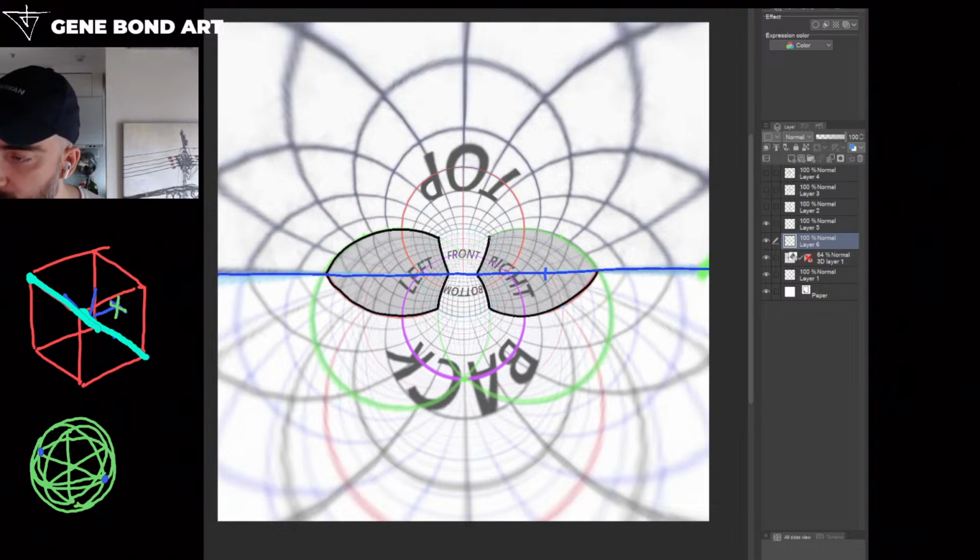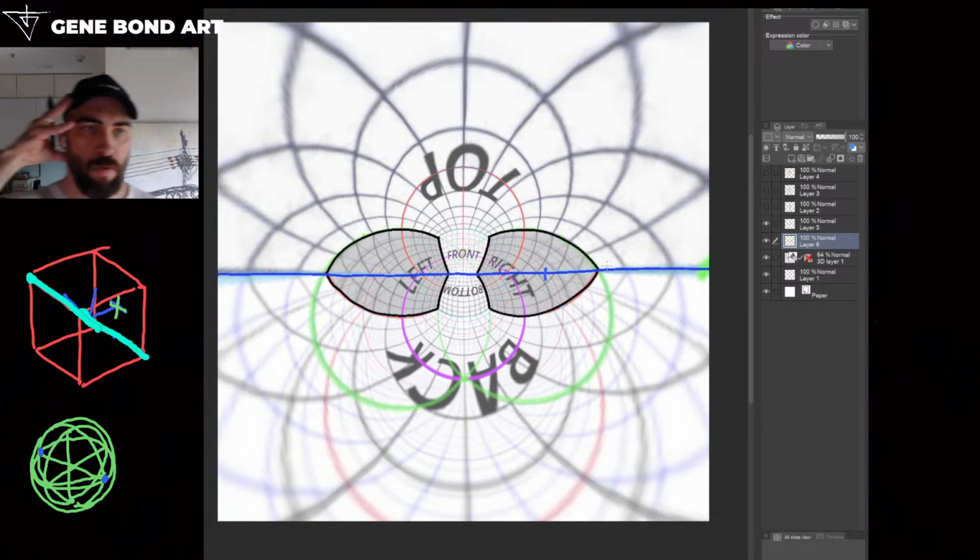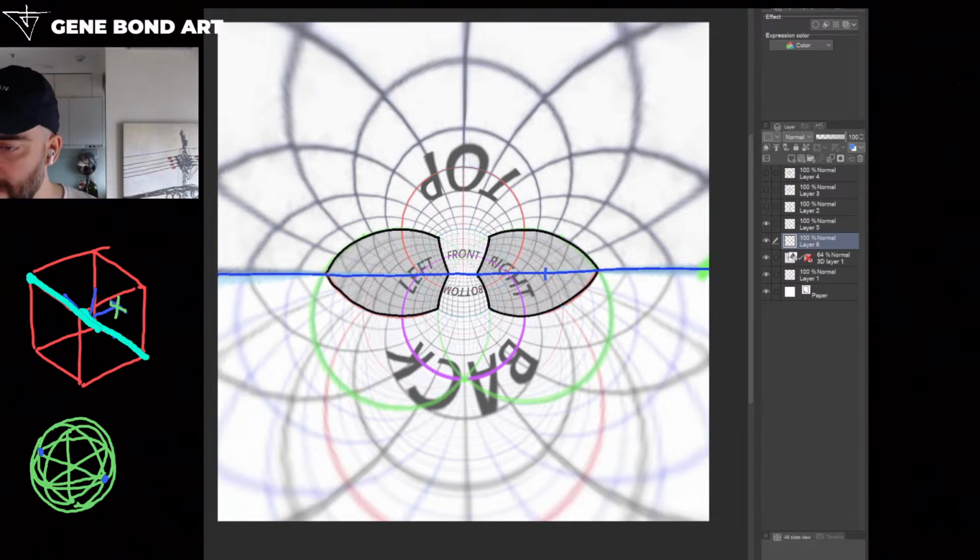So in 360 vision, like when we take all our sphere of vision, space looks like a flower. And you see, it's like left top corner and the left front bottom corner, this diagonal line.